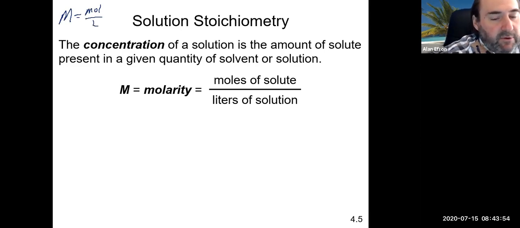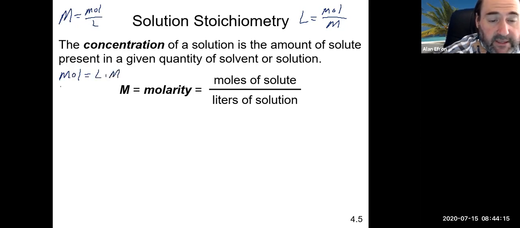It technically is moles of solute over liters of solution. And you can use this like a formula. You can rearrange it and solve for any of those things. So if I wanted liters, it would equal the moles divided by the molarity. If I want moles, which is a very, very common conversion or calculation you do a lot in chemistry, it's the liters times the molarity.